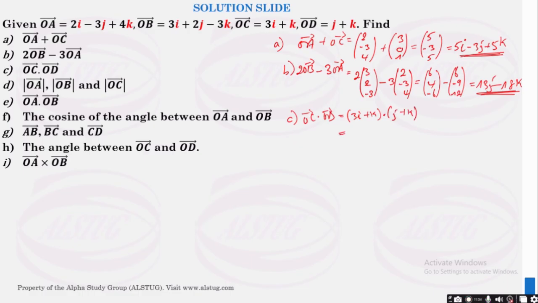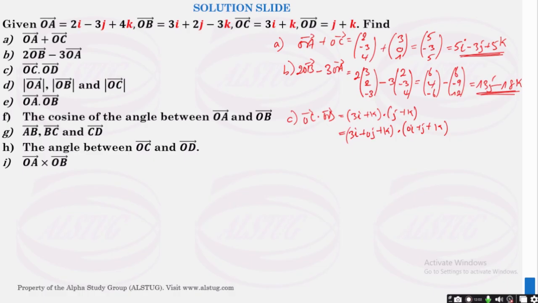To do this in a snappy way, you will have 3i, no j, plus k dot no i, plus j plus k. You notice that for OD I have added the 0i, and here I added the 0j. It's simply to make my work easy, not to make confusion.